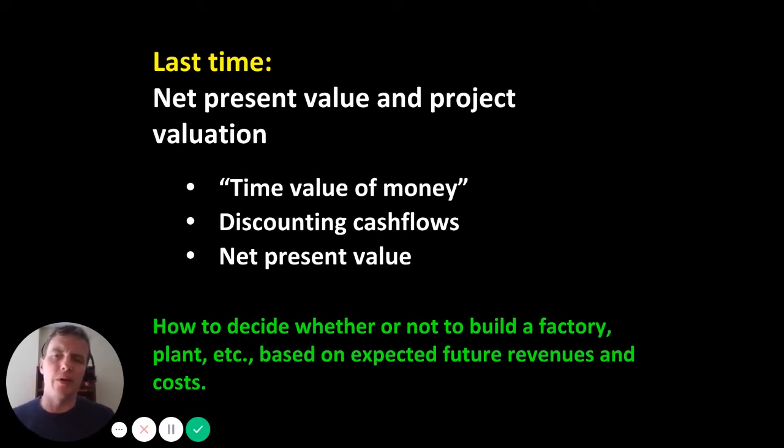We talked about and actually derived the time value of money. We talked about how we can use that concept in a process called discounted cash flow analysis, which is where we take future costs and revenues from a project, future profits from a project, and we, in some ways, devalue that flow of money out into the future, and the extent to which we devalue the profits out into the future depends on how many years from now we're talking about.